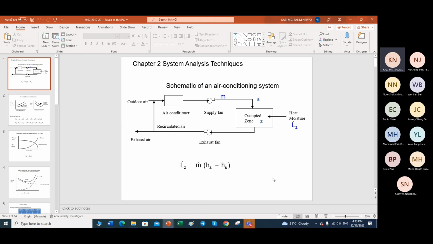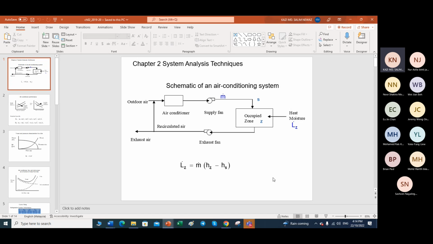So what do we find there? System analysis techniques. What we have seen earlier is that the outdoor air is coming in and getting the recirculated air from the exhaust fan, or the induced draft fan. The induced draft fan is sucking the air from the occupied zone and discharging it to the environment.